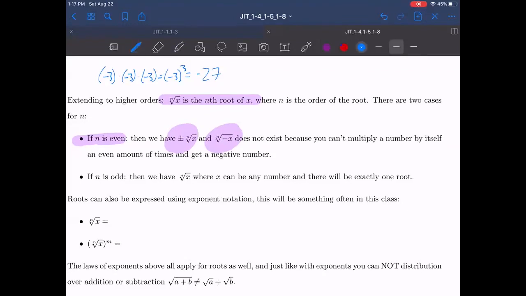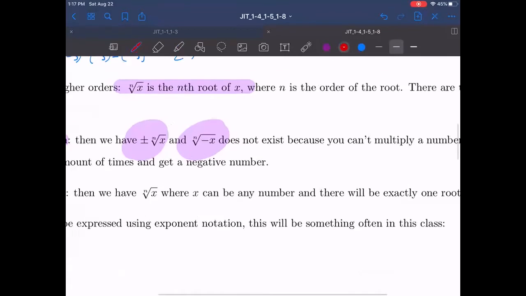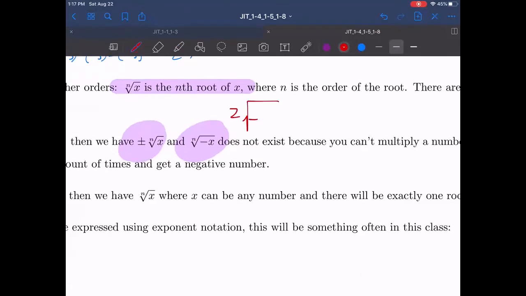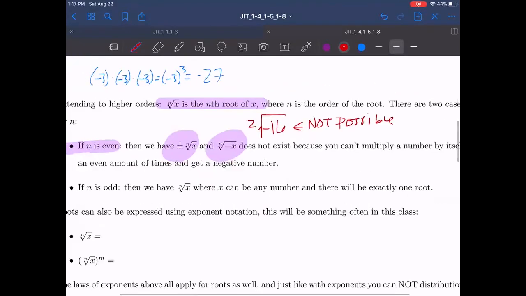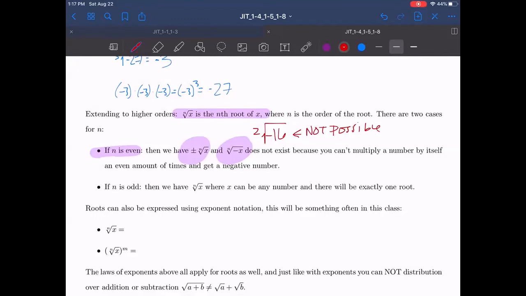So we cannot do the square root of negative 16. It's not possible, because there's no number that I can multiply by itself to give me back a negative number. That's just not mathematically possible. Okay, so that's when it's even.